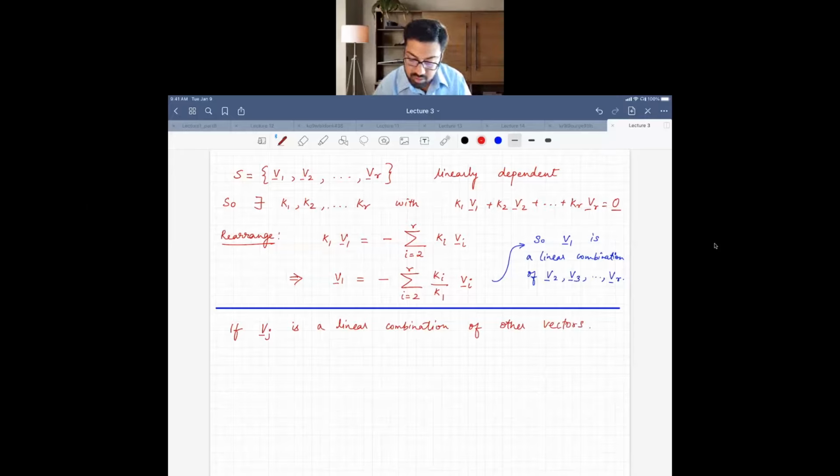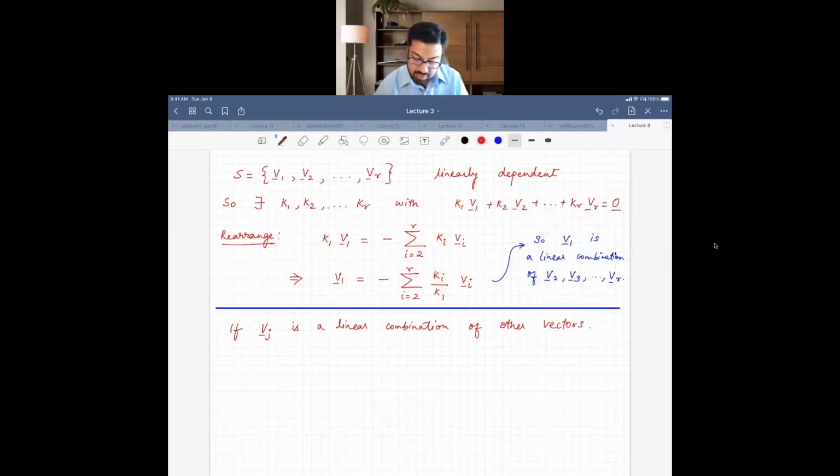Remember why we are doing this? Given linear dependence, we are able to do this. Now the question is, if we know that one of the vectors can be expressed as a linear combination of others, is the set linearly dependent? Like going backwards. That's what we are checking.